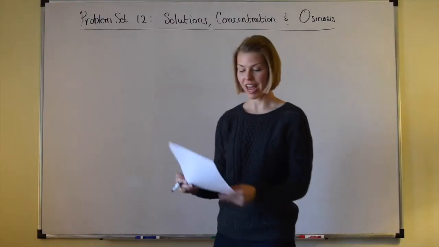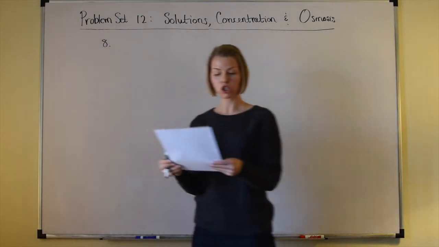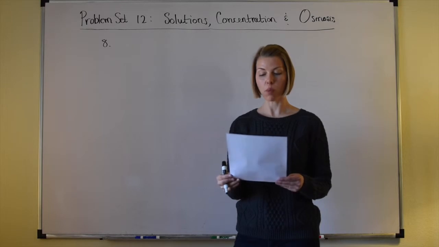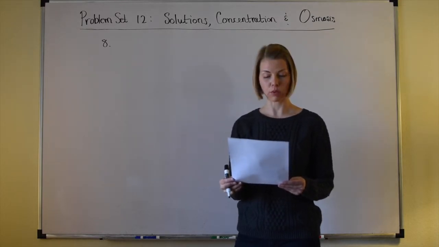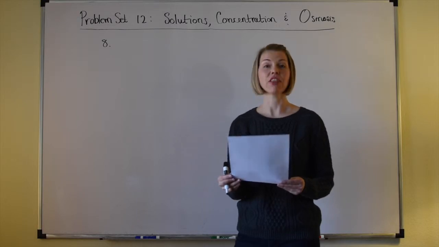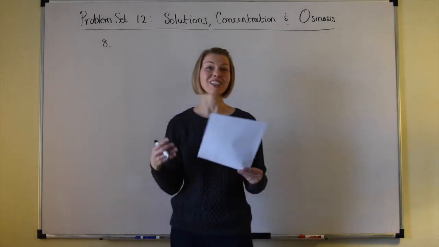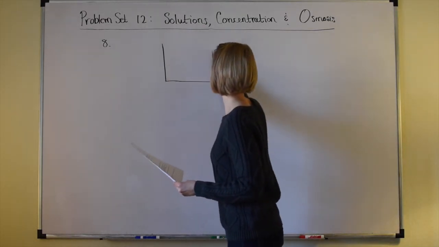Okay, number 8. Assume red blood cells are placed in an aqueous solution of 0.25 molar sodium chloride. Which of the following correctly describes the direction of water flow? So this is a question on osmosis. So let's go ahead and draw a picture here.